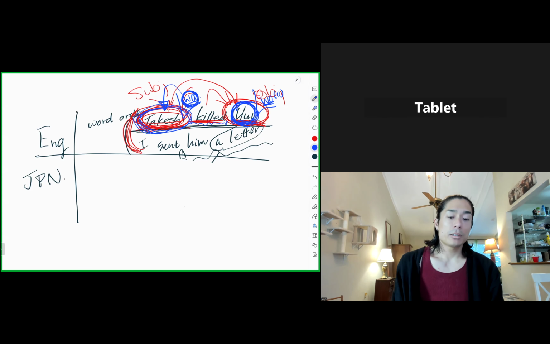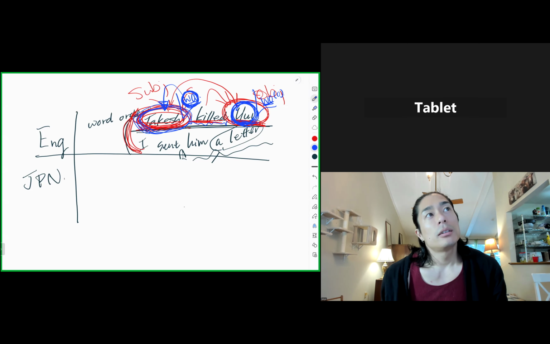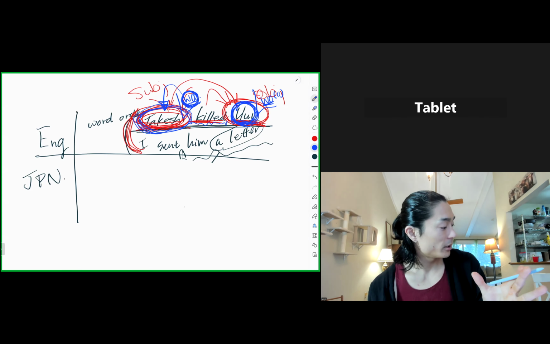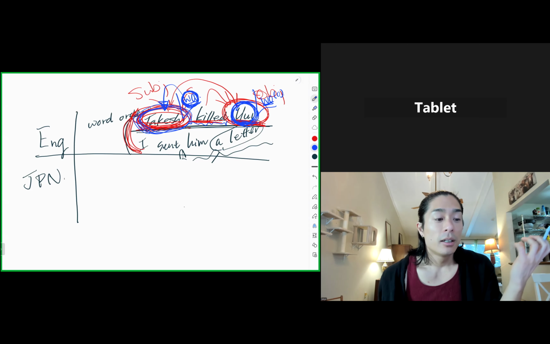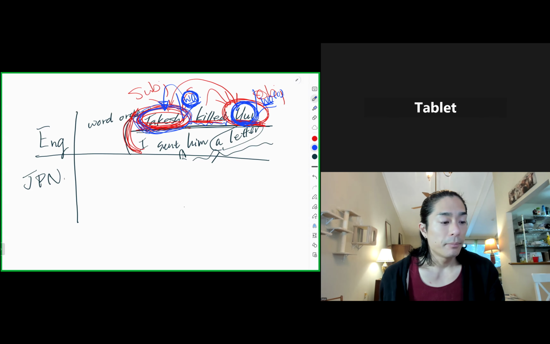Okay? So with that, just imagine how important word order is in English. That's how important particles are in Japanese. If you mess up the particles, you can mess up the entire meaning of the sentence you want to say, right?